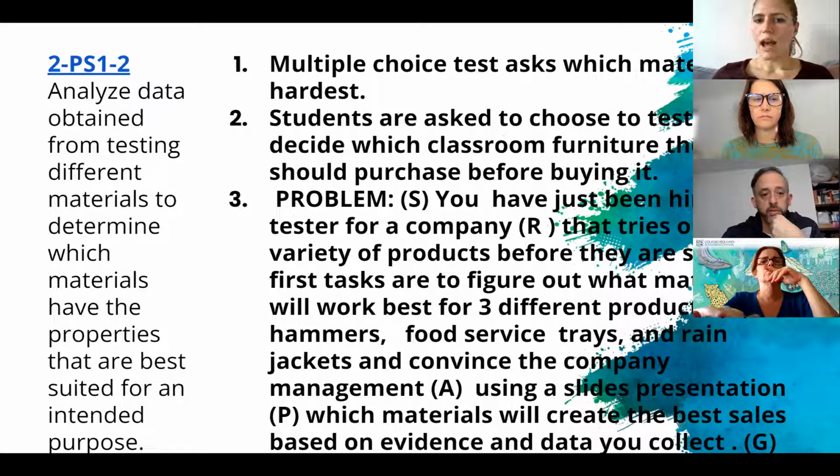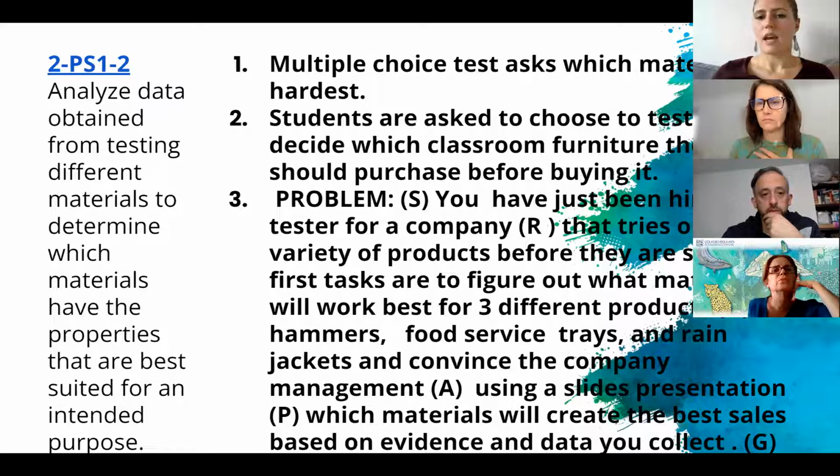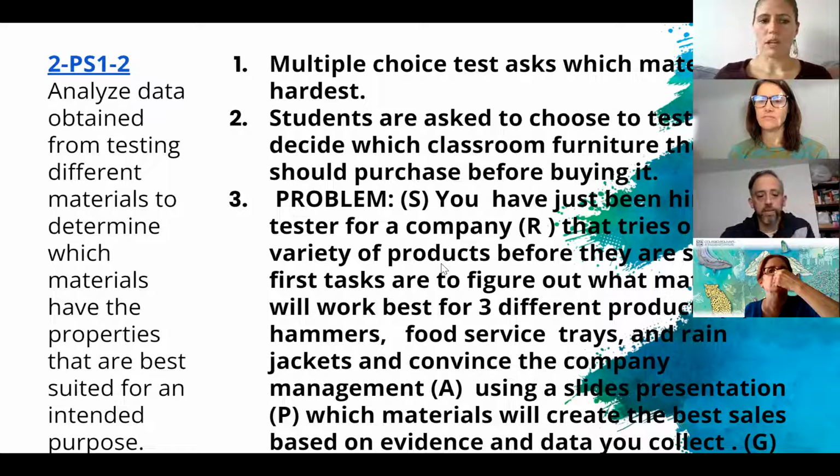Number 2, students are asked to test and decide which classroom furniture the school should purchase before buying it. Or number 3, you can see that same GRASPS prompt. So which one would be the most authentic? Then partway there, maybe a scenario, and then the least authentic. What order would you put those numbers in?